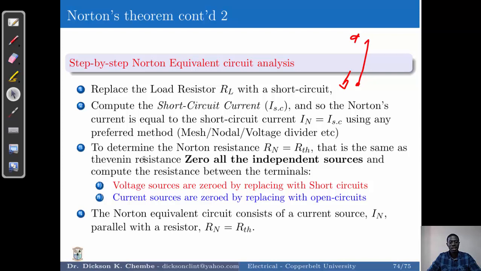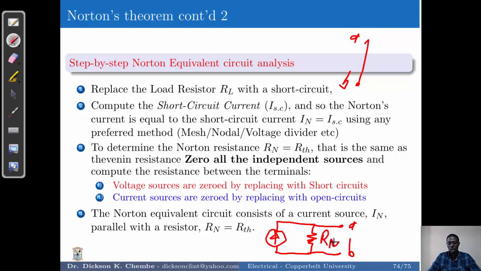And from there, you can now draw your equivalent circuit, which will appear like I had shown earlier. So it will appear with a current source in parallel with a resistor, and then you have the load terminals there like so, A and B. So this is where the load resistor was.